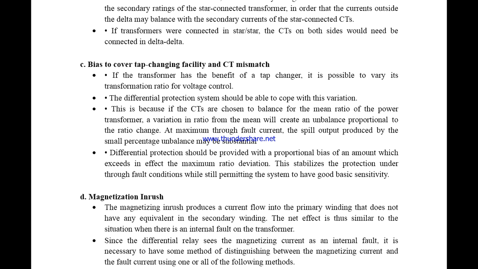At maximum through fault current, the spill produced by the small percentage of unbalance may be substantial, and the differential protection should be provided with a proportional bias of an amount which exceeds the maximum ratio deviation. This stabilizes the protection under through fault conditions while still permitting the system to have a basic sensitivity.